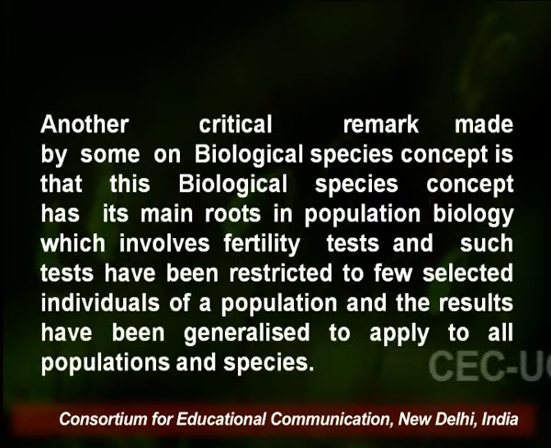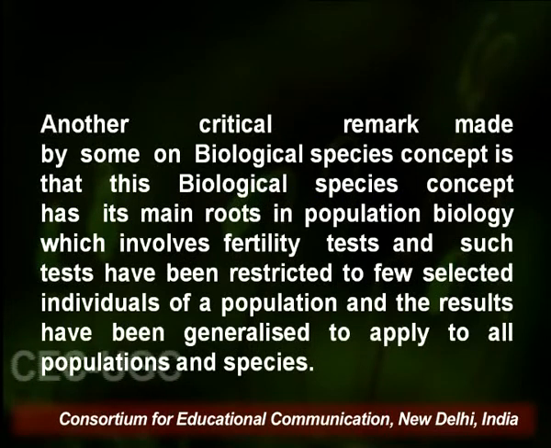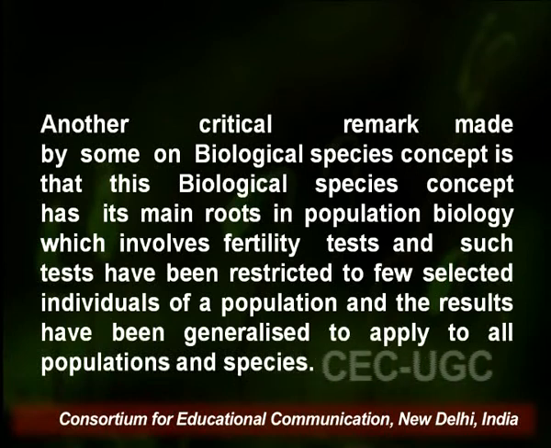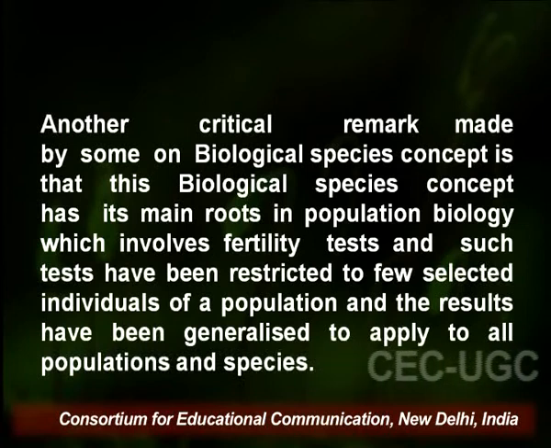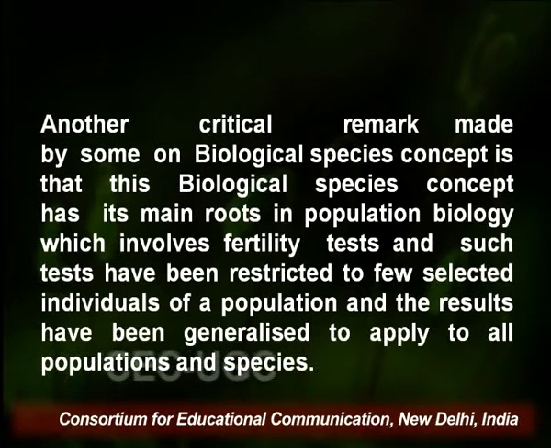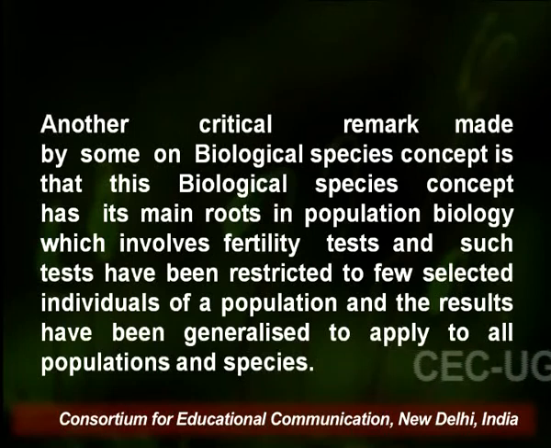Another critical remark made by some on the biological species concept is that it has its main roots in population biology, which involves fertility tests, and such tests have been restricted to a few selected individuals of a population, and the results have been generalized to apply to all populations and species.